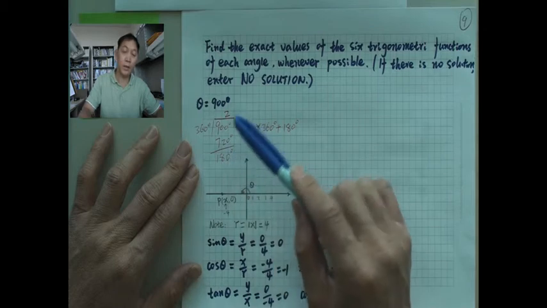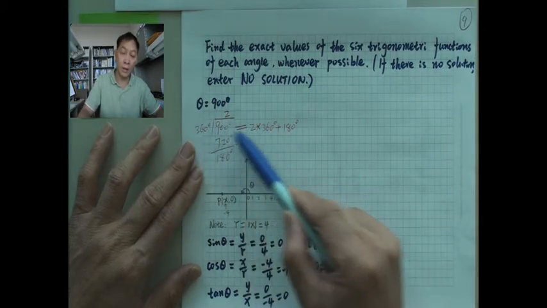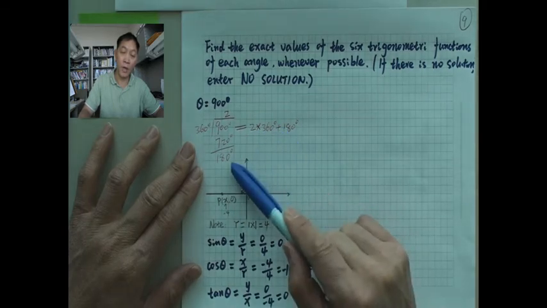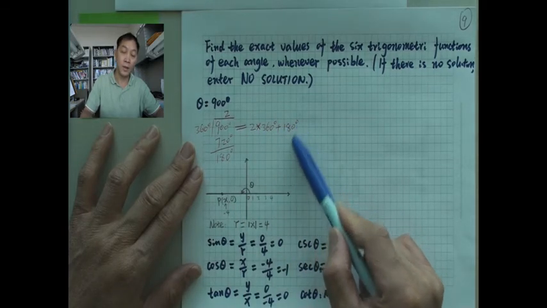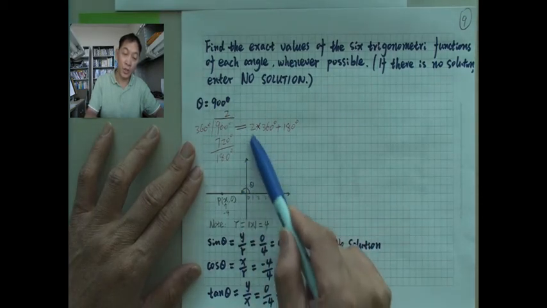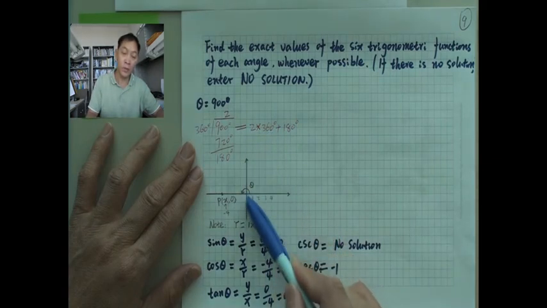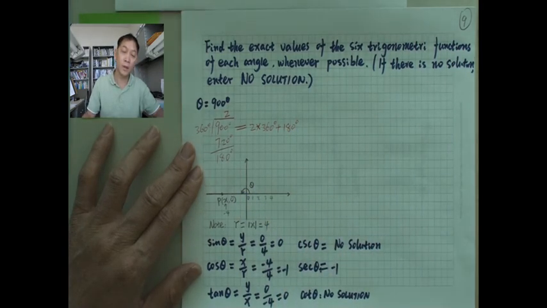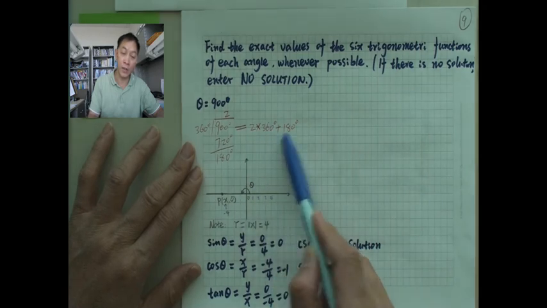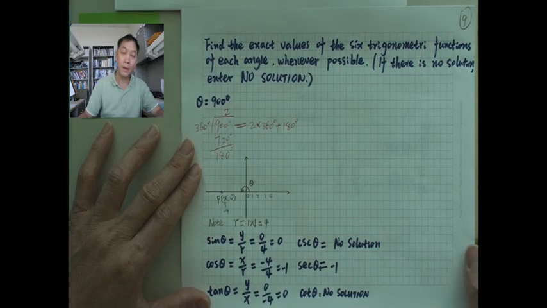So basically, 900 degrees is 2 times the divisor, 360, plus the remainder. This tells us this angle 900 degrees rotates 2 circles, because 360 times 2 circles. And then a half circle, 180 degrees right here. So I didn't sketch 2 circles, I just sketched 180 degrees. All right.